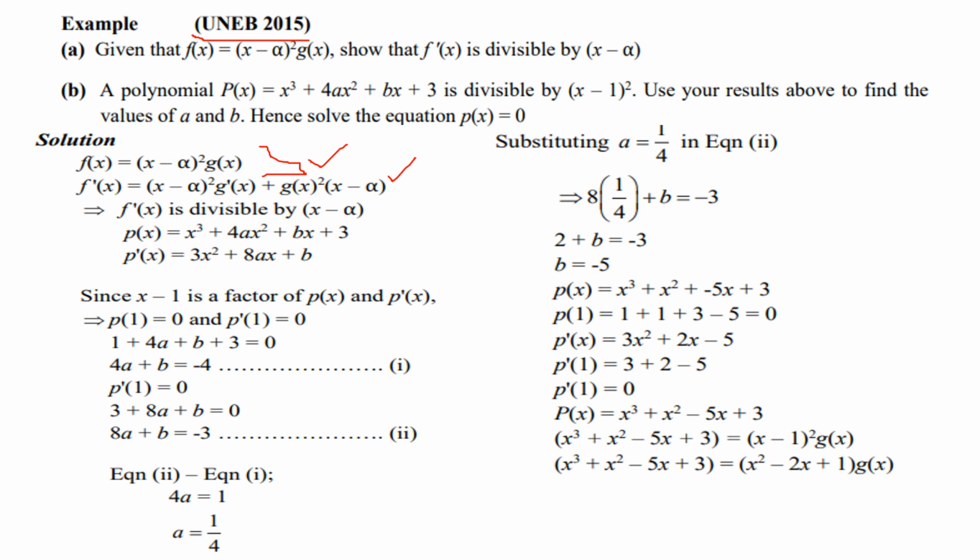So equating that divisor to 0, you're going to get x equals alpha if you make x the subject. So for the polynomial you are given, now show that it is divisible by this. To show that it's divisible by this, you get x equals alpha and you substitute into each of them. If you get 0 on both of them, then your answer is divisible.